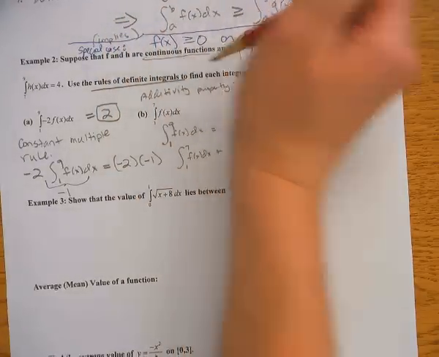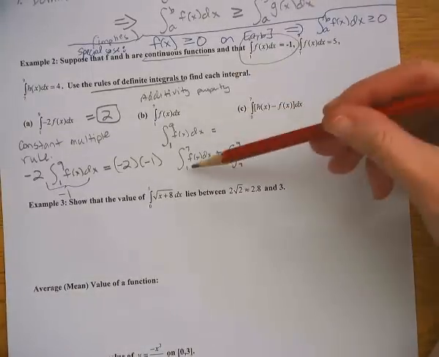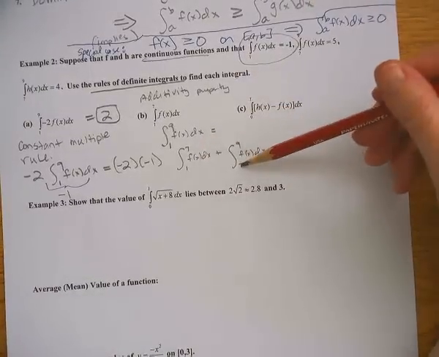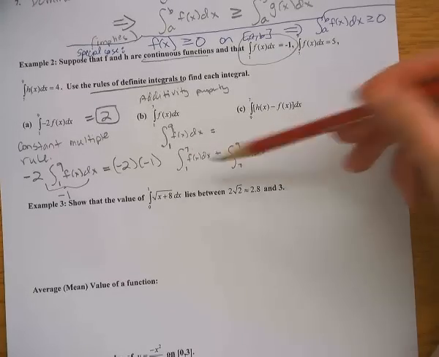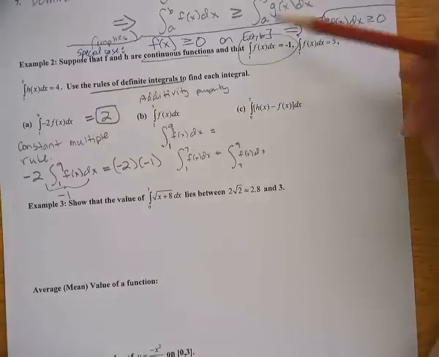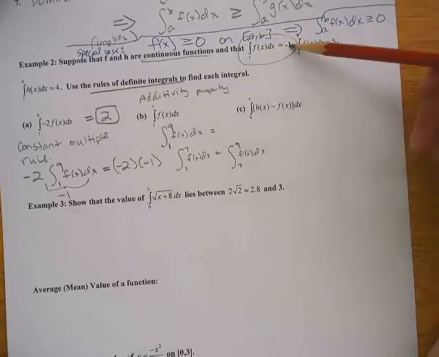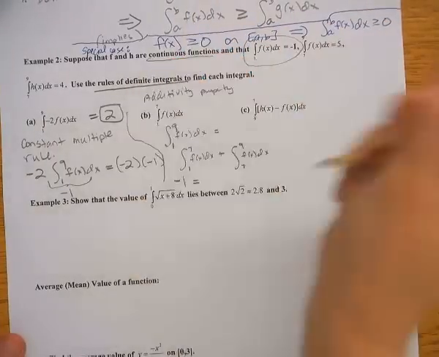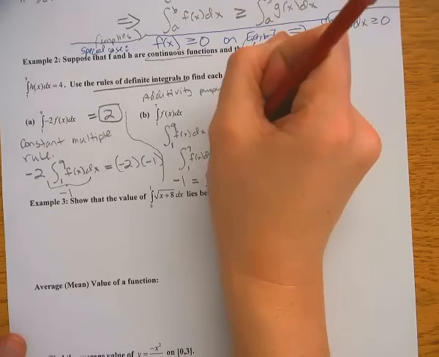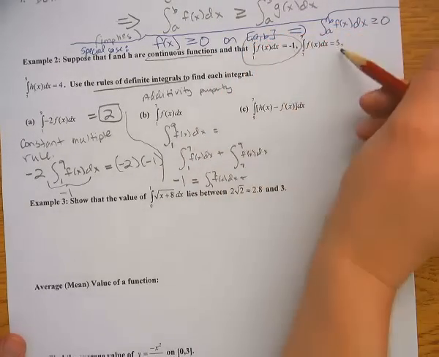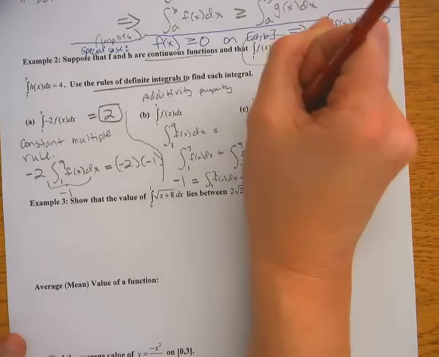So I first would sum up the area between 1 and 7, figure out what that is. Sum up the area between 7 and 9, and then if I added all that area together, I'd have the area between 1 and 9. Well, I know that between 1 and 9 is negative 1. So I could say, okay, negative 1 equals this, which I don't know, plus this area, which I was given, was 5.